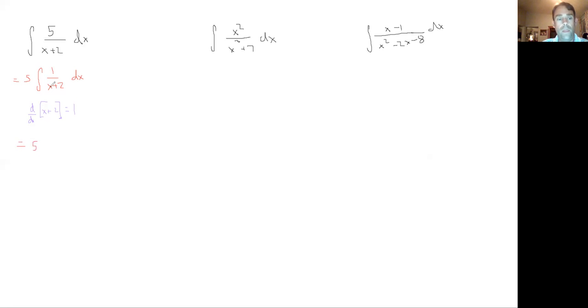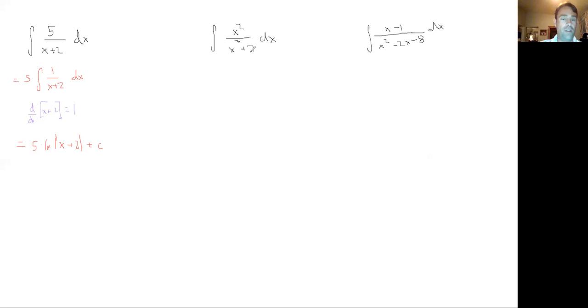I can't factor the denominator to some sort of power, so I can't worry about that. So therefore, I look and say, is the derivative of my denominator in my numerator? And notice, again, I'm putting it in absolute value, because I have to guarantee that my natural log is a positive value.